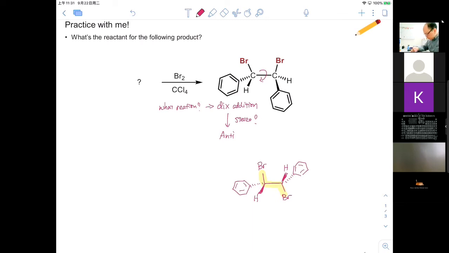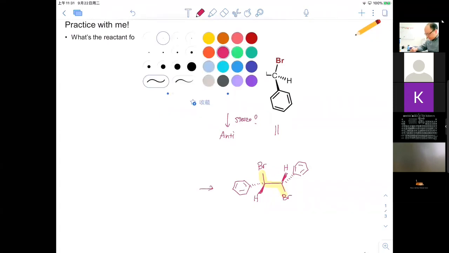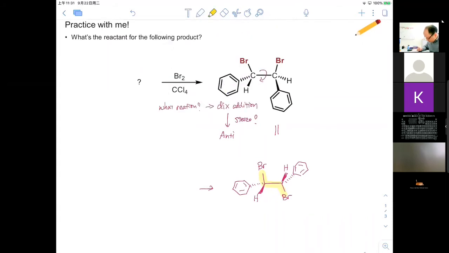Then you also need to know that dihalogen addition goes through a bromonium ion. So what kind of bromonium ion can you imagine? It looks like there is a three-membered ring here, right?